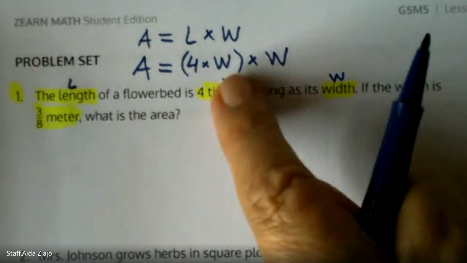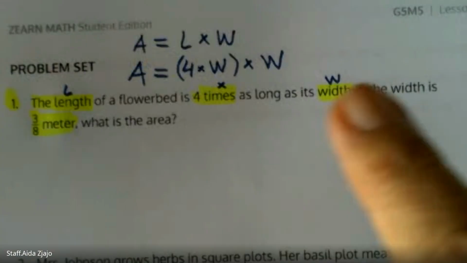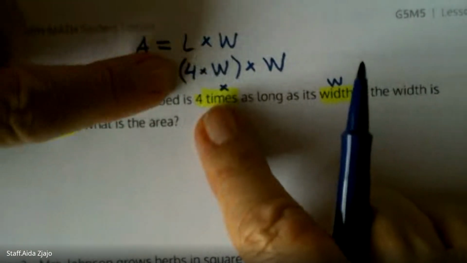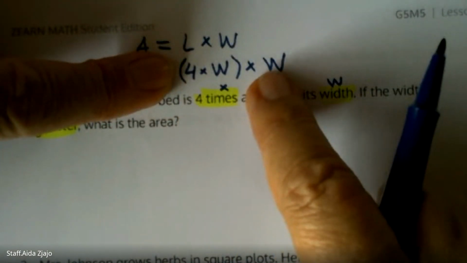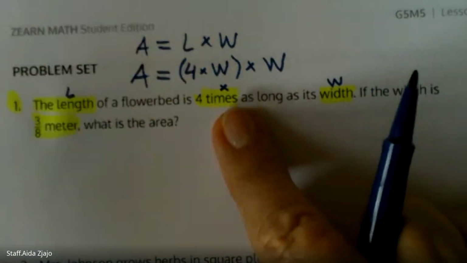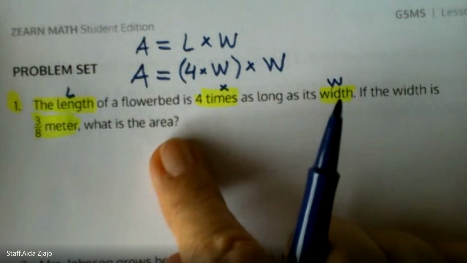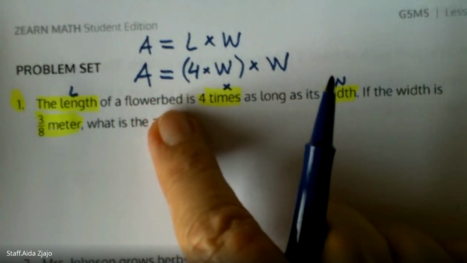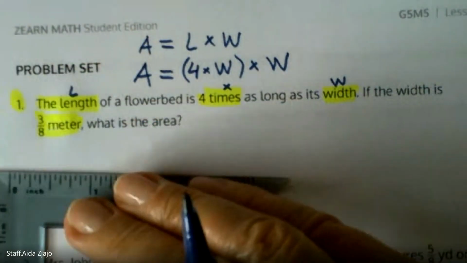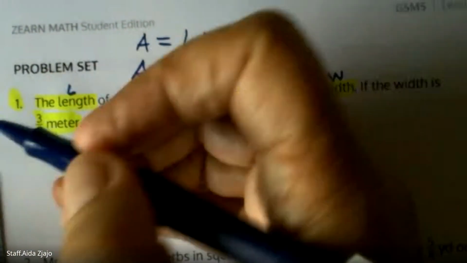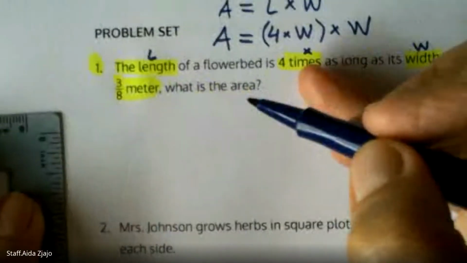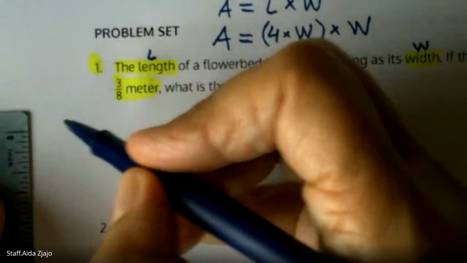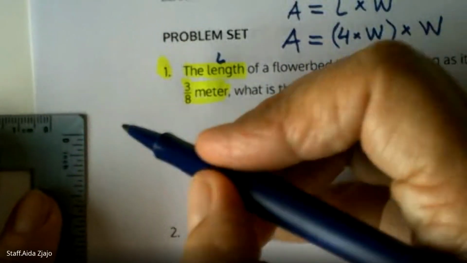This is the expression to find the area of that flower bed. Let's model it. I'm going to go all the way to the end.